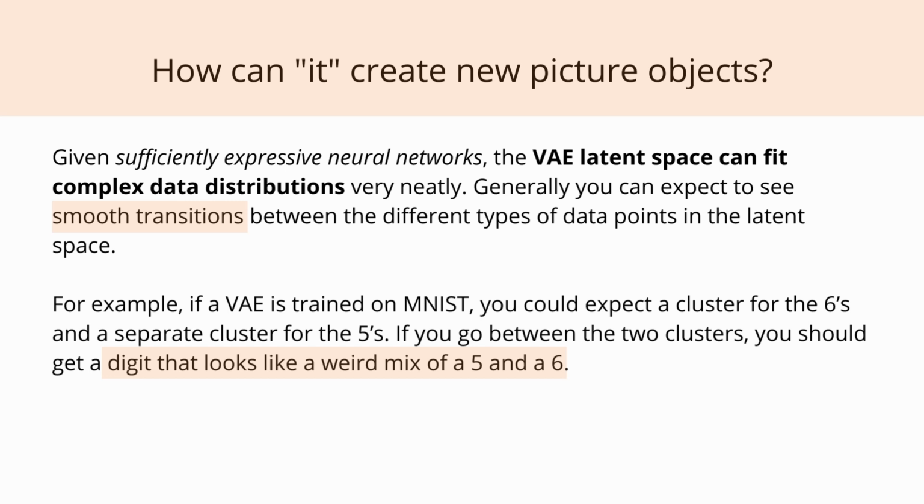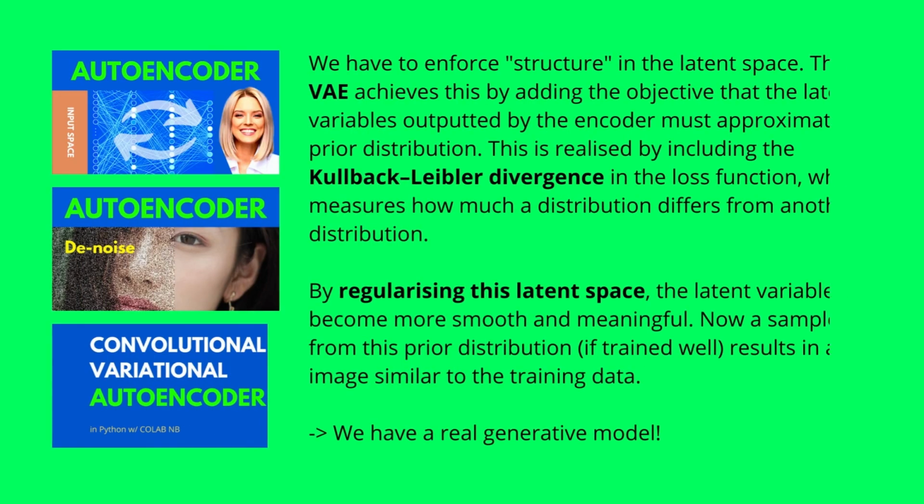But let's come back and summarize it. It's always good to summarize it. So here we go. In my last 3 videos, I showed you that we enforced some structure in the latent space. And in the case of a variational autoencoder, we achieved this by adding the objective that the latent variables outputted by the encoder must approximate a prior distribution.